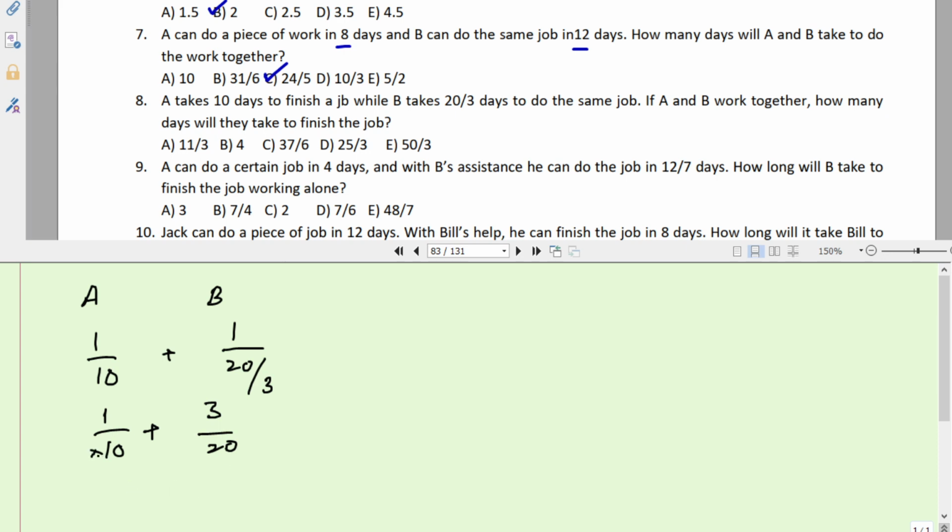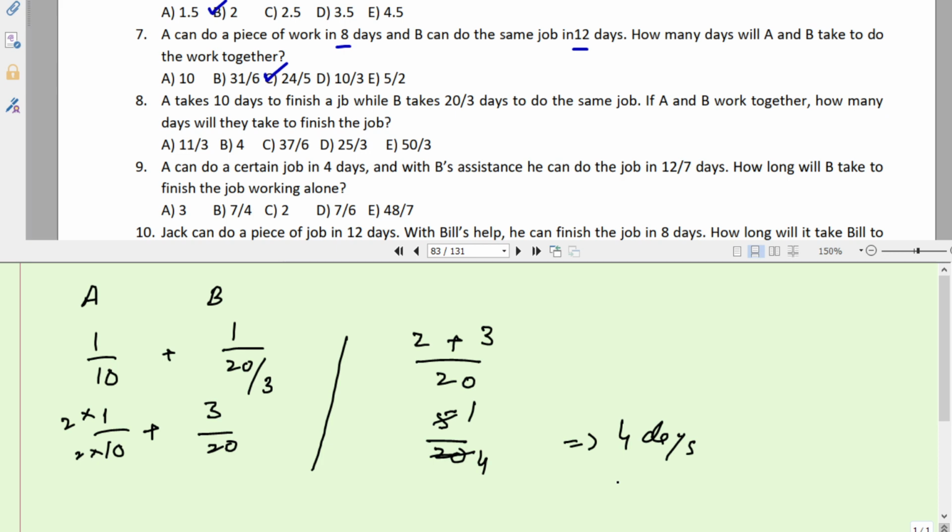Or you can multiply this by 2 and this by 2. So that will be 2 over 20 and 3 over 20. That means 2 plus 3 over 20. So together they will take 5 over 20 means 1 over 4. So this is per day job. It means they will take 4 days to complete the job.